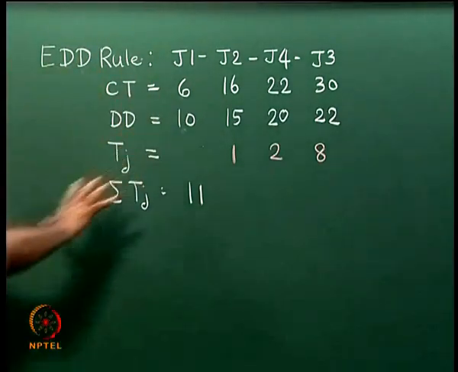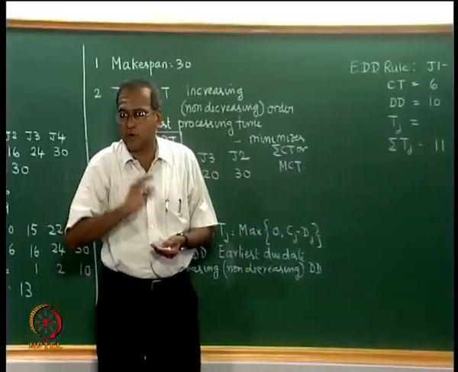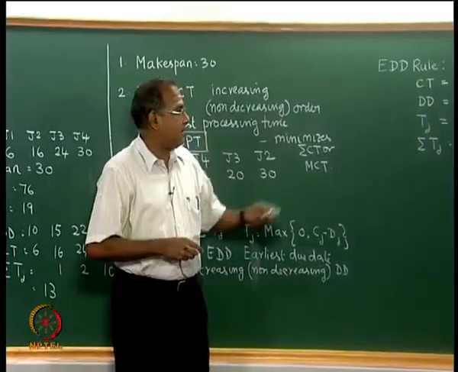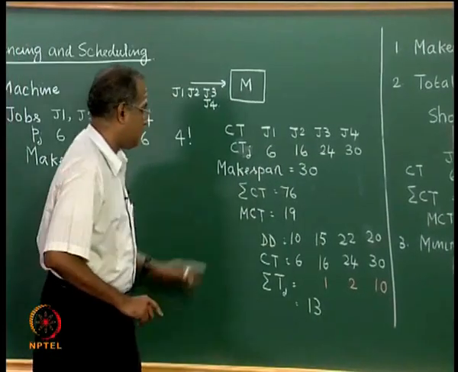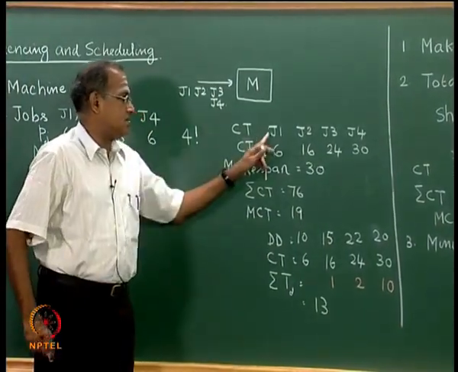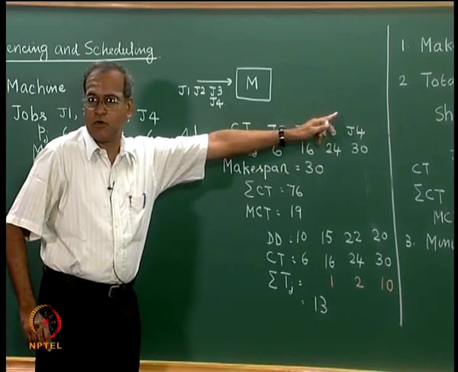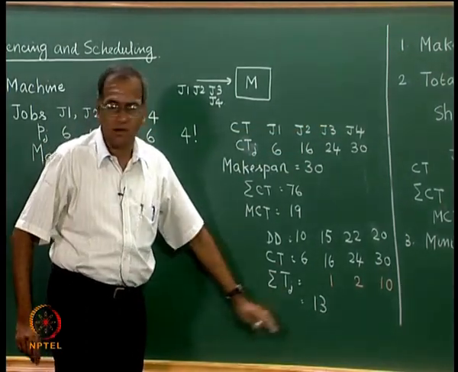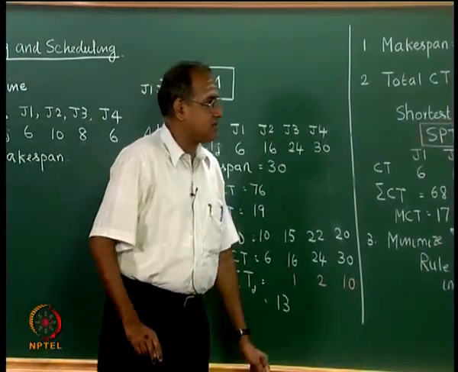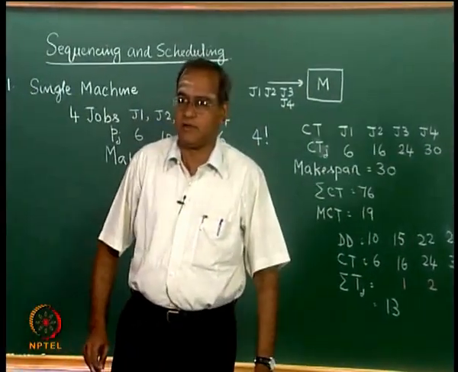So, it is very customary to use the earliest due date rule to try and minimize the total tardiness. For example, we showed some calculation here. When we used the rule J1, J2, J3 and J4, we found that the total tardiness was 13. The earliest due date rule gives us a total tardiness equal to 11.